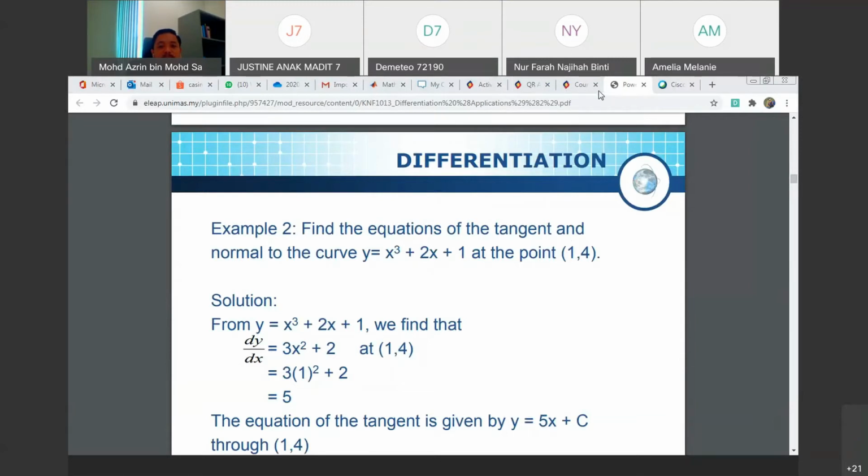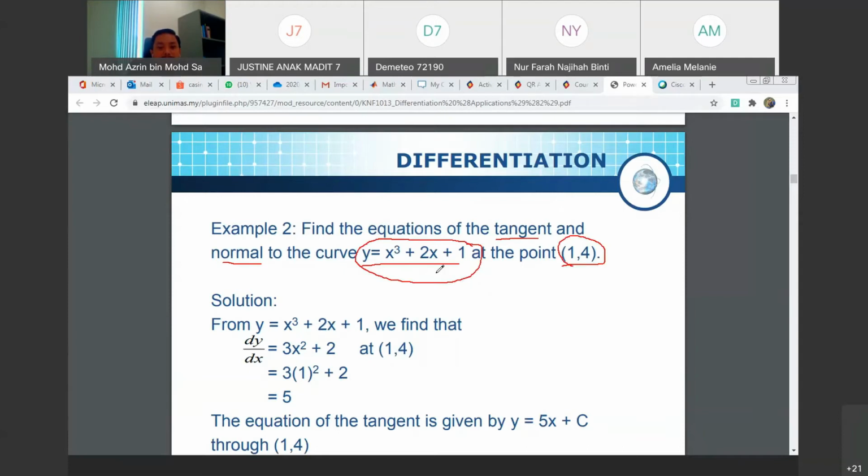You may try to solve it, even though the answer is also there. So it asks you to find the tangent and also the normal equation.